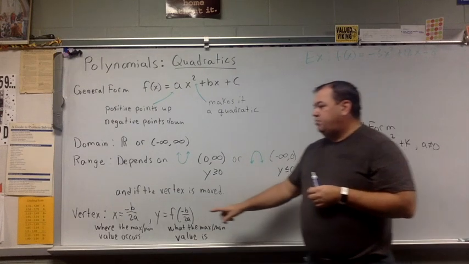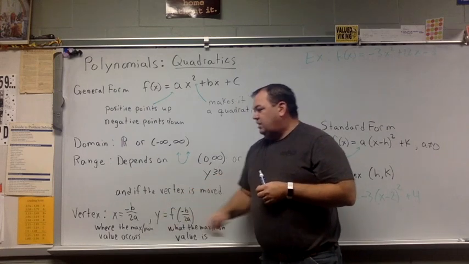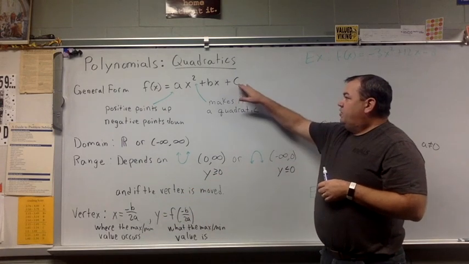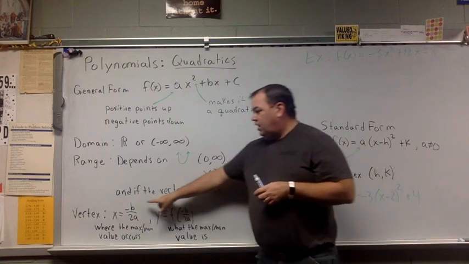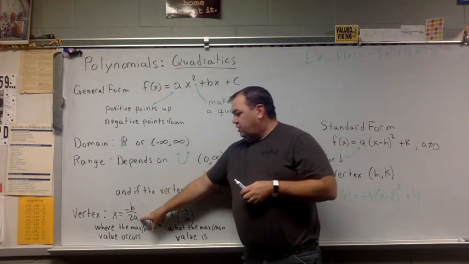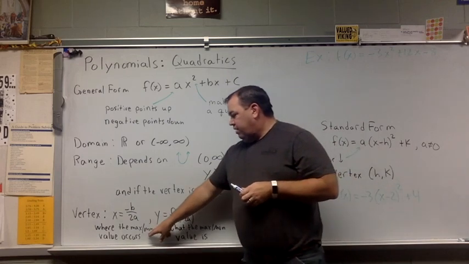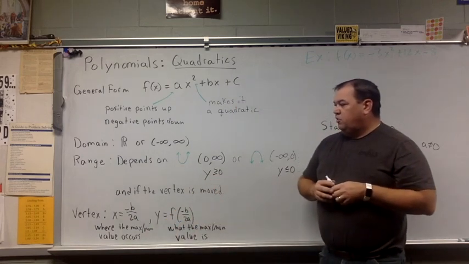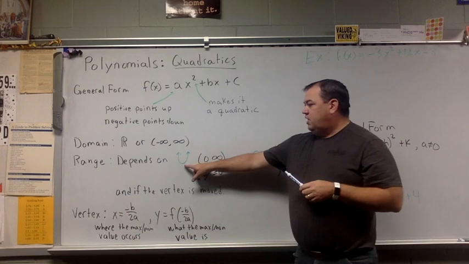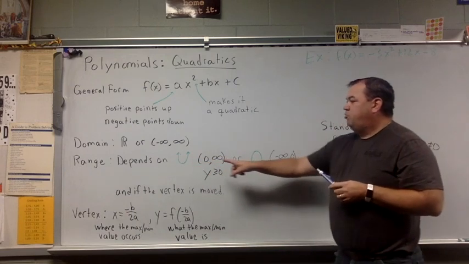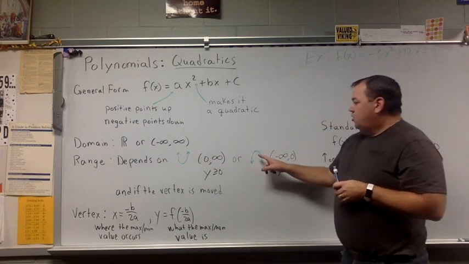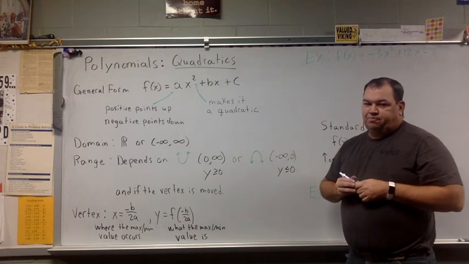So let's talk a little bit about the vertex. Here's how we get the x-coordinate out of this general form. We're going to do the opposite of b divided by 2a. That would give me the x-coordinate. This is where the maximum or minimum value occurs: pointing up, which is a minimum, or pointing down, which has a maximum.